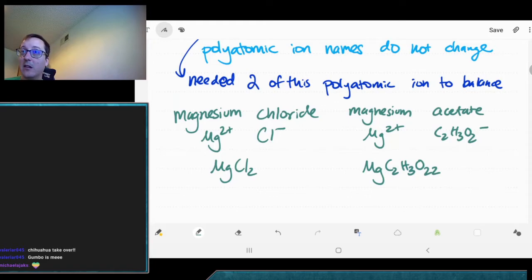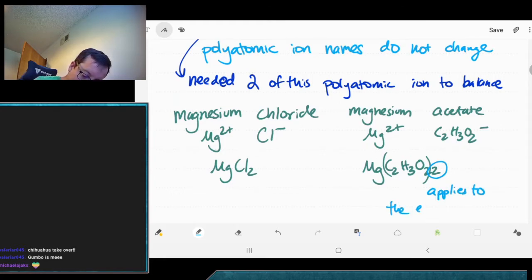Now what have we done? Well, we now have 22 oxygens, right? So that's not good. So what we do is we put parentheses in. And those parentheses tell us that subscript 2 applies to the entire parentheses.